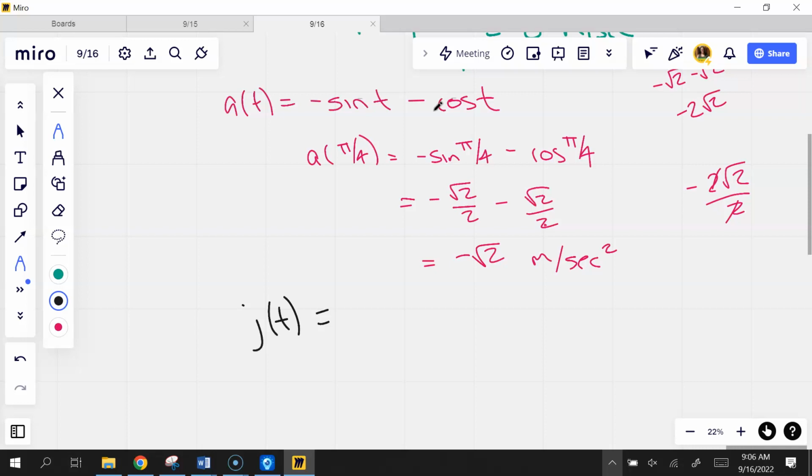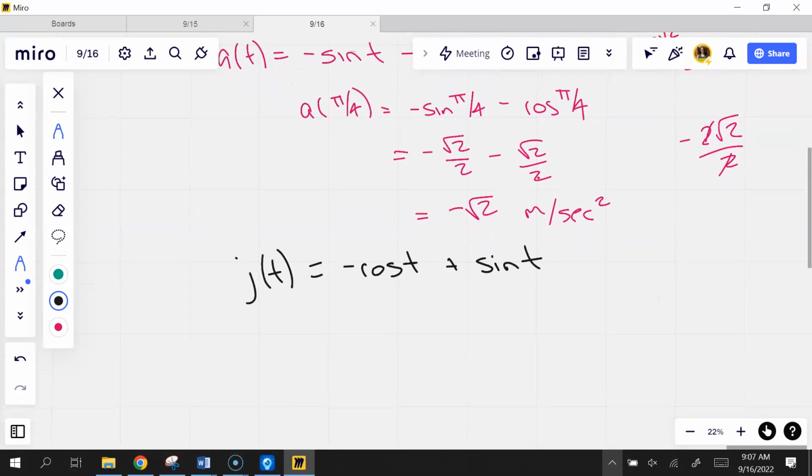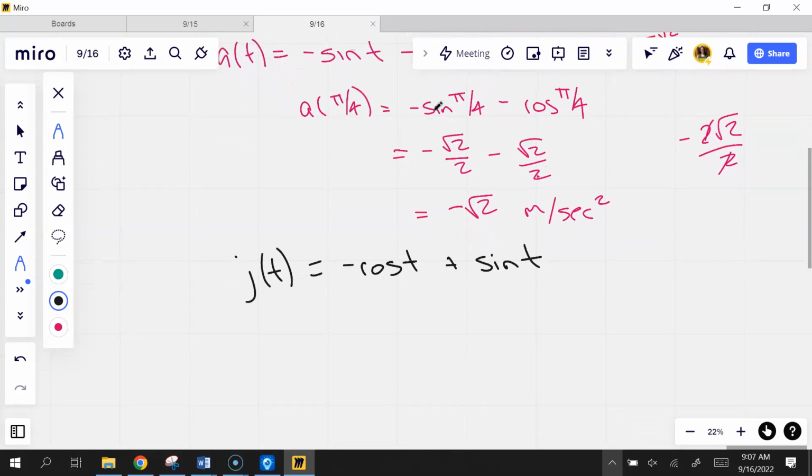Okay. Derivative of negative sine t, negative cosine t. Derivative of negative cosine t, positive sine t. So there's my jerk. My jerk at pi over 4: negative cosine pi over 4 plus sine pi over 4.